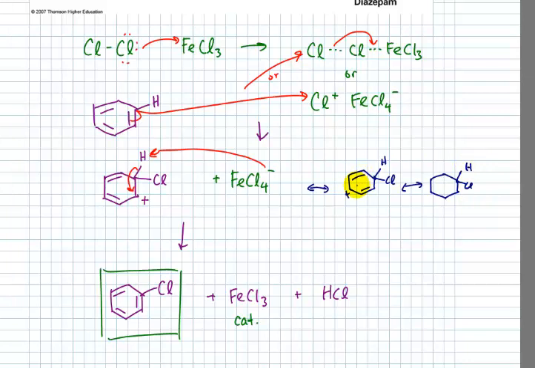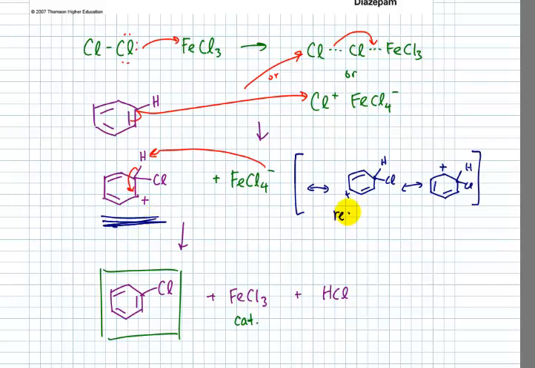So this time bring that double bond over like that. That's along with that one right there. So you only need to do that if you're asked to show all resonance structures.